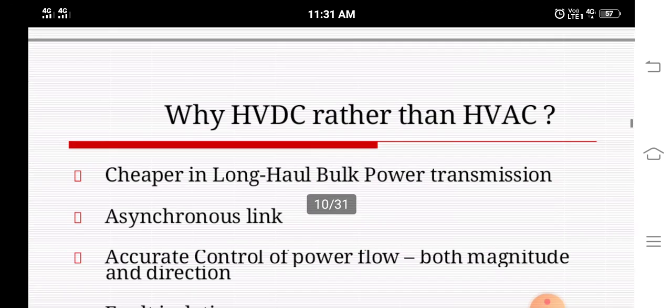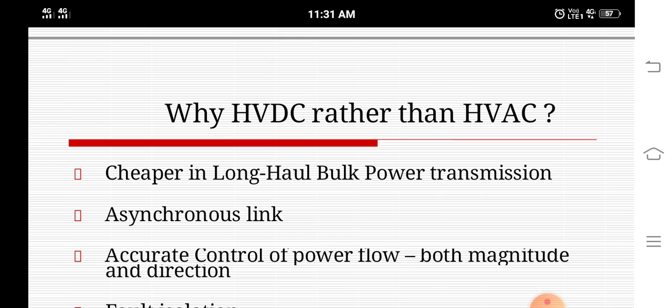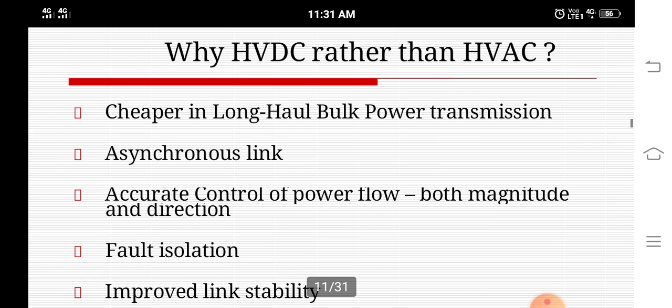Why HVDC rather than HVAC? Try to understand why. HVDC power transmission is much cheaper in long haul bulk power transmission. It is only an asynchronous link, so there is no expenditure for a synchronous link.